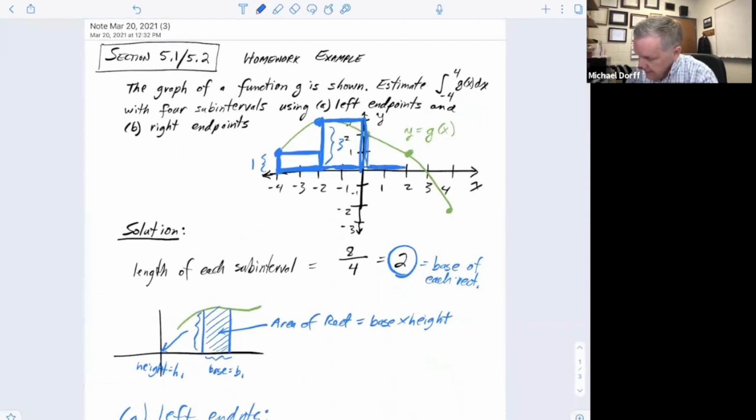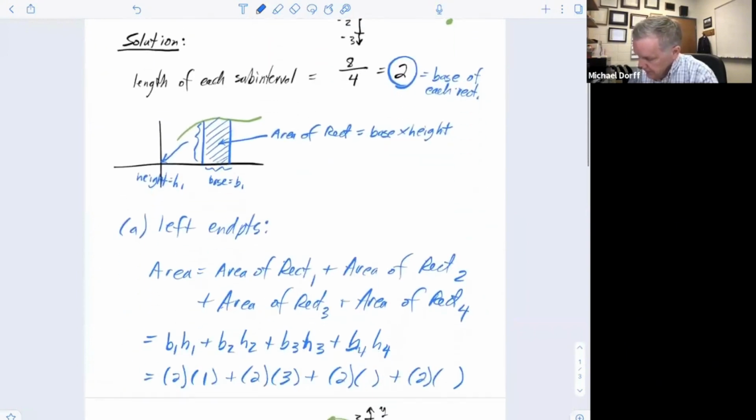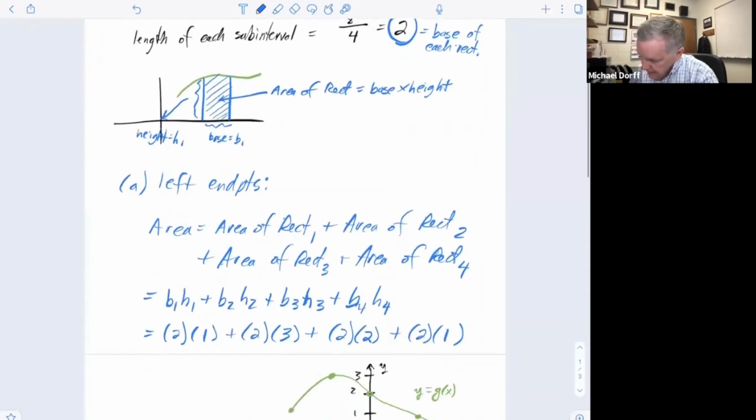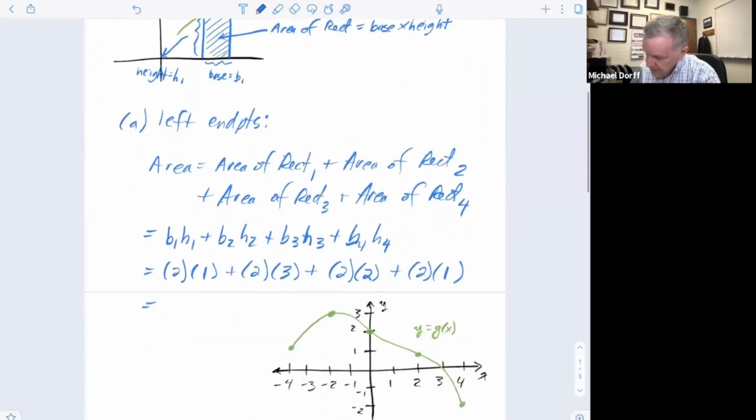The height is till I hit the green curve down there, and that height is 2. And the last one, there's my base. I keep going until I hit the green curve, which is that rectangle there, and that has a height of 1. All right. And when I add those together, then I have 2 plus 6 plus 4 plus 2, which is going to be 13.